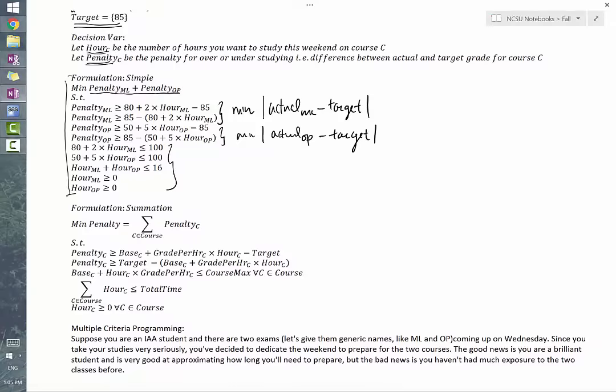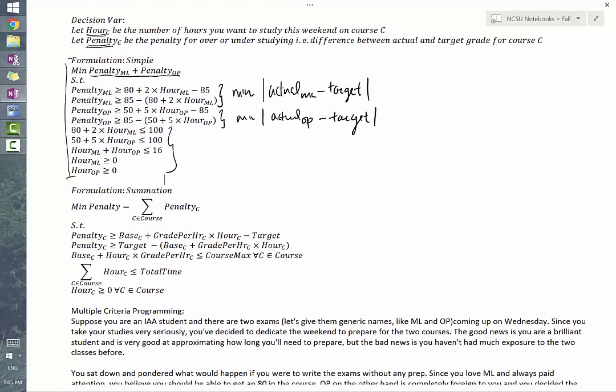Let's look at our summation formulation. Again, we're trying to minimize penalty, which is simply the sum of the penalty for every single course. And our penalty has to be greater or equal to base plus grades per hour multiplied by hours, subtract target, and at the same time has to be greater or equal to target, subtract your final grade.